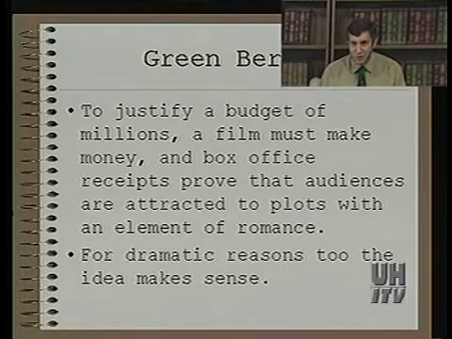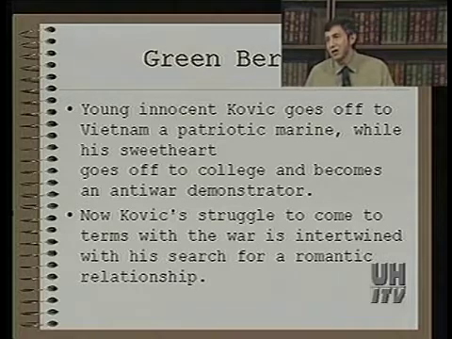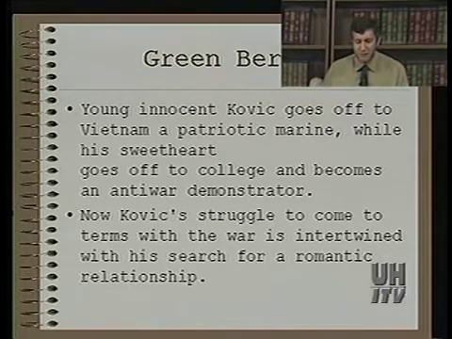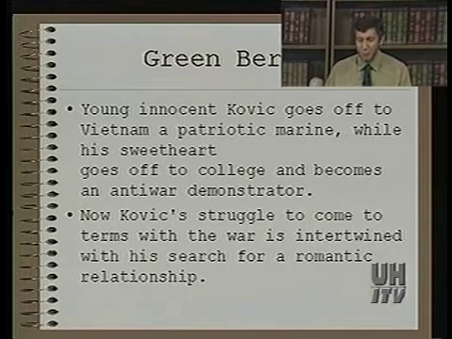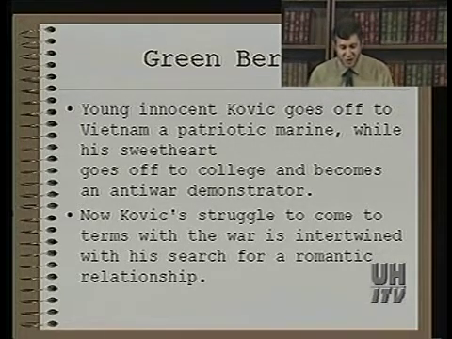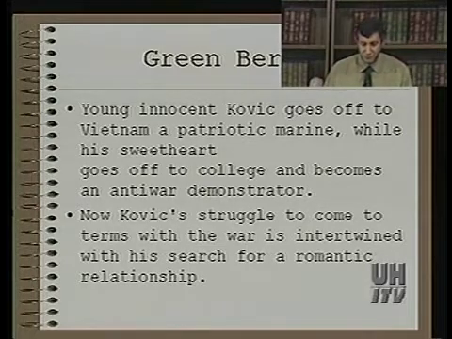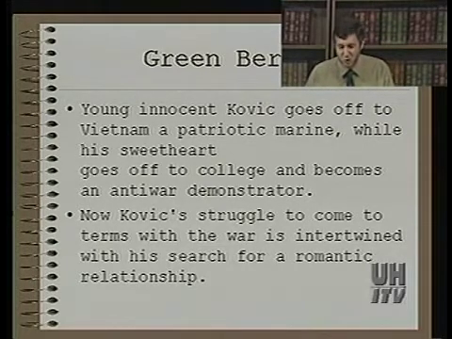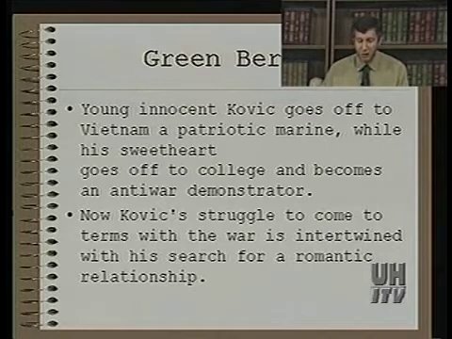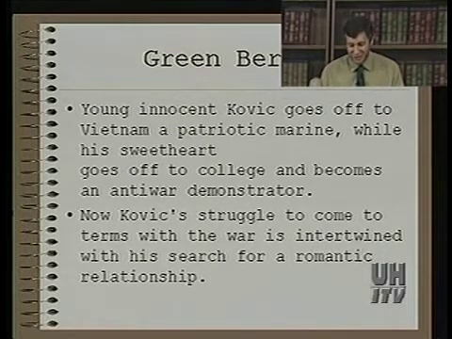But for dramatic reasons, too, the idea makes sense. Young, innocent Kovic goes off to Vietnam, a patriotic Marine, while his sweetheart goes off to college and becomes an anti-war demonstrator. Now, Kovic's struggle to come to terms with the war is intertwined with his search for a romantic relationship.